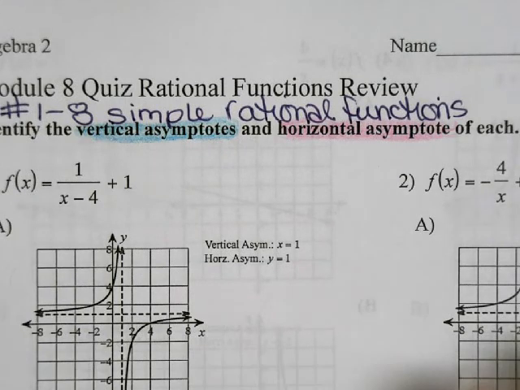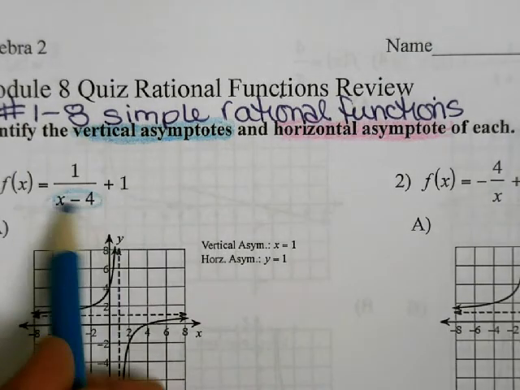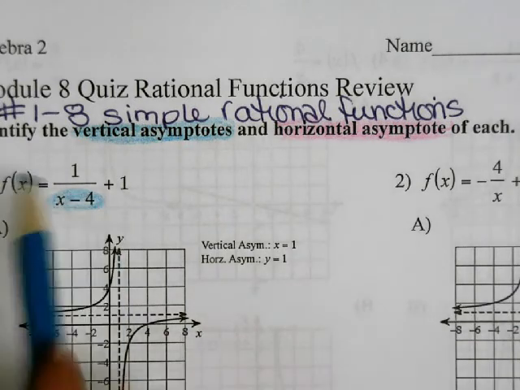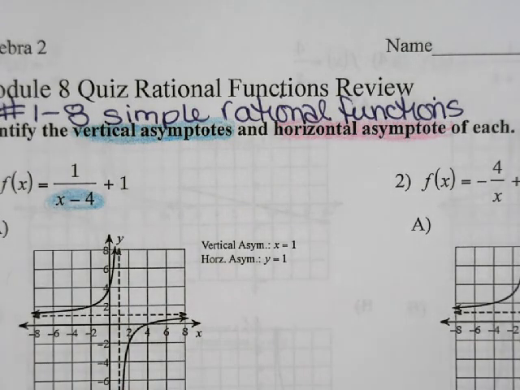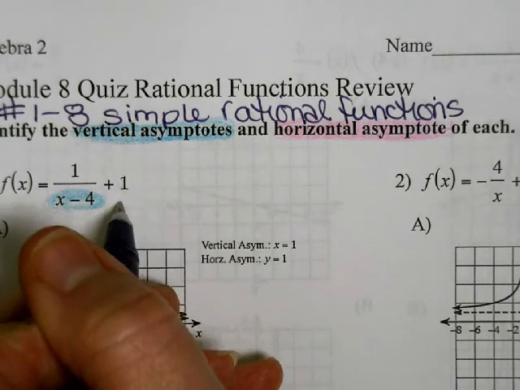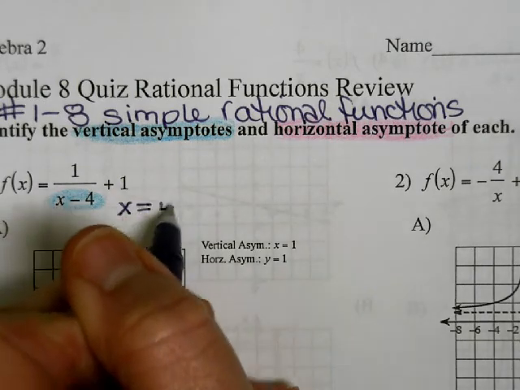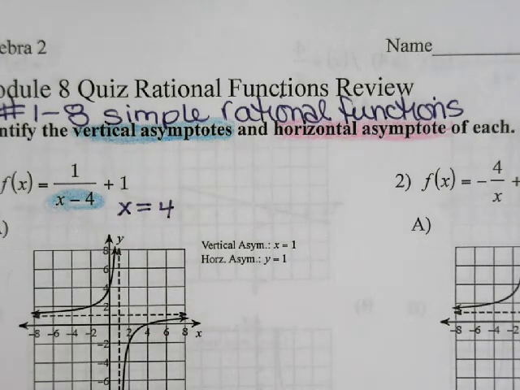So if the denominator says x minus 4, then the vertical asymptote is x equals 4 because it's what makes the denominator 0.